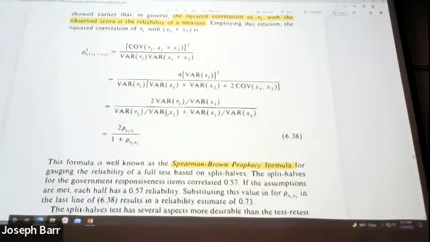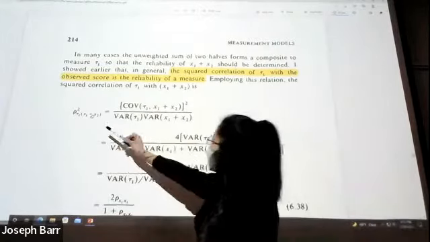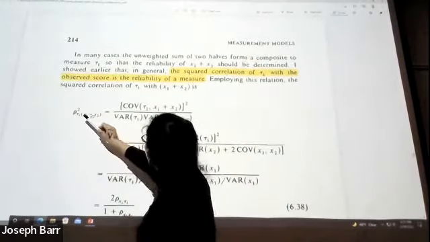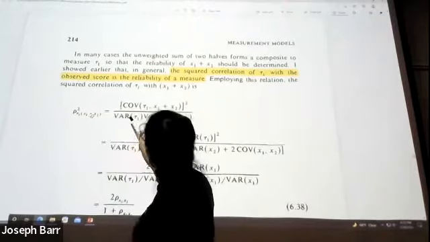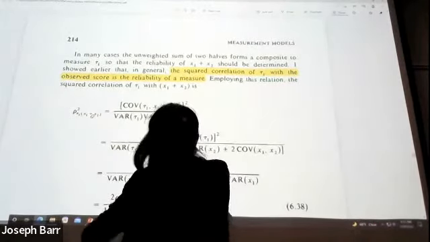This is the starting point. So we start from this correlation. Based on the definition of the correlation, we have the covariance between tau and the sum of x1, x2, and then squared. The bottom part is the variance of this one, times the variance of this one. And then you do the derivation.